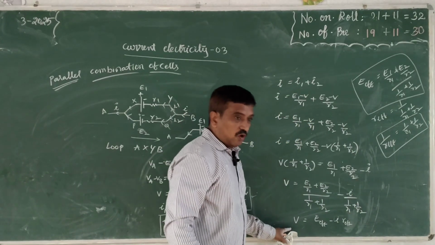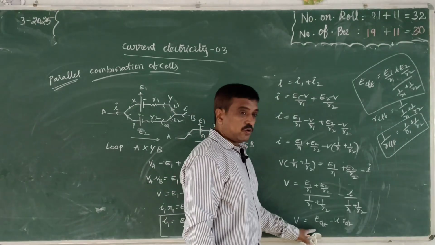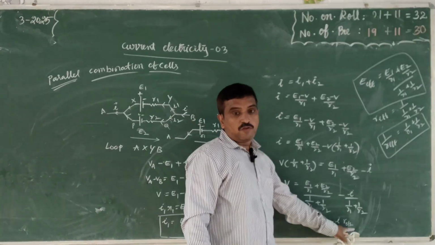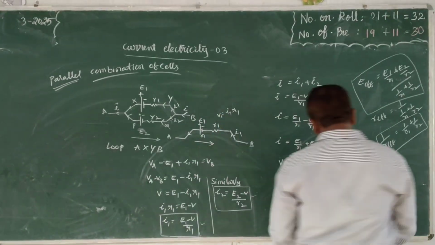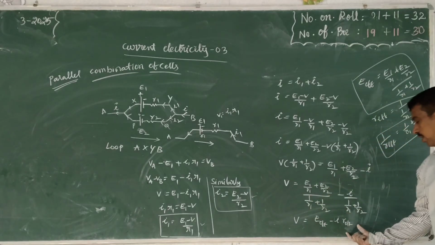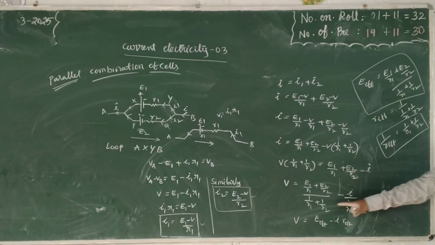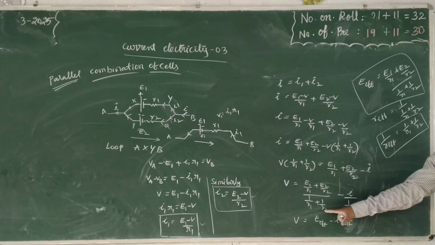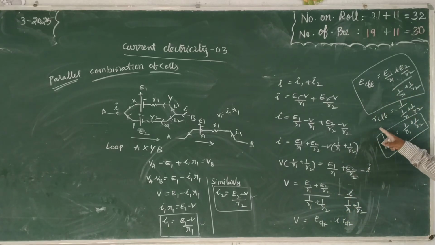We have terminal voltage equal to effective EMF minus I times effective internal resistance. Comparing, E effective is (E1 by R1 plus E2 by R2) by (1 by R1 plus 1 by R2), and 1 by R effective equals 1 by R1 plus 1 by R2.